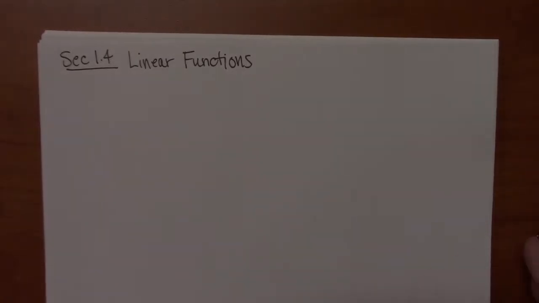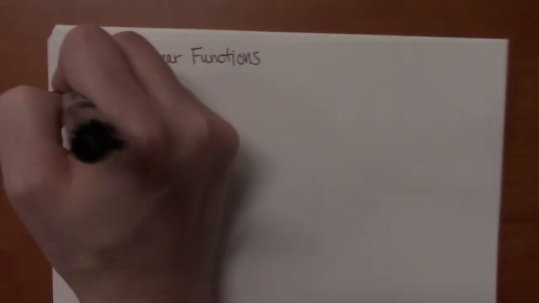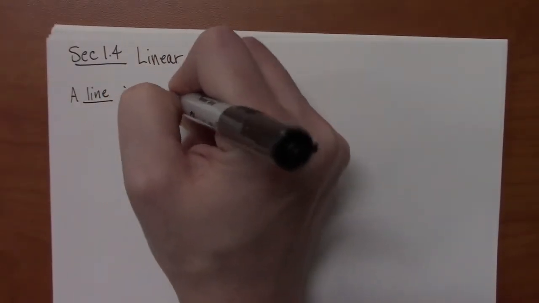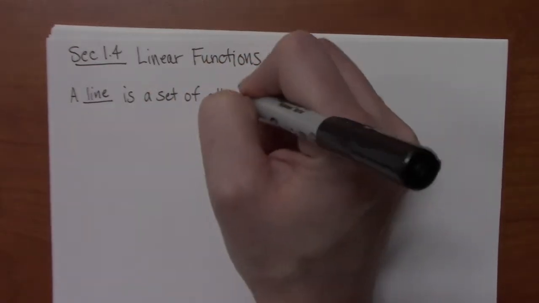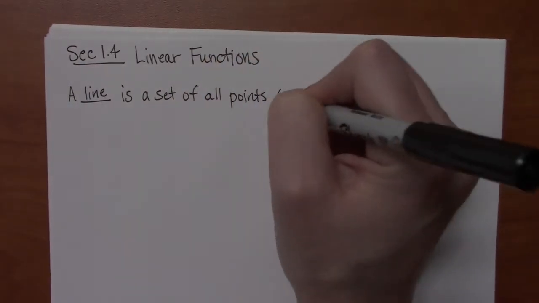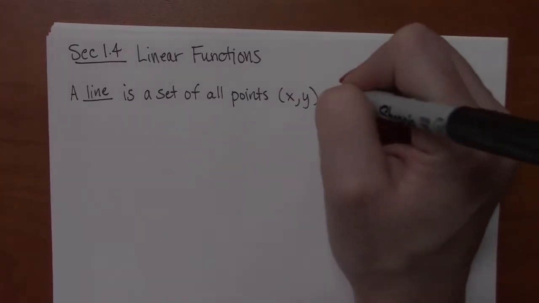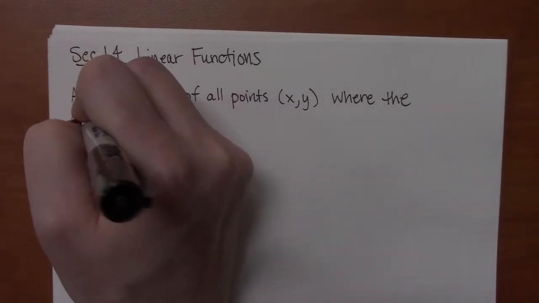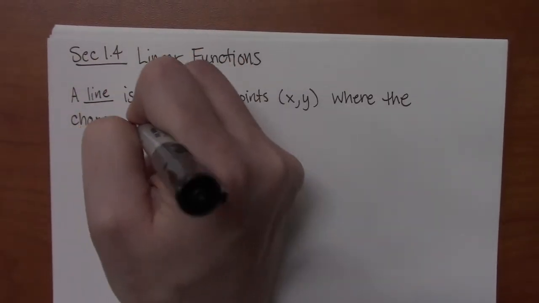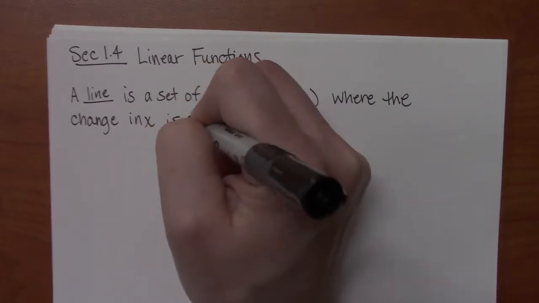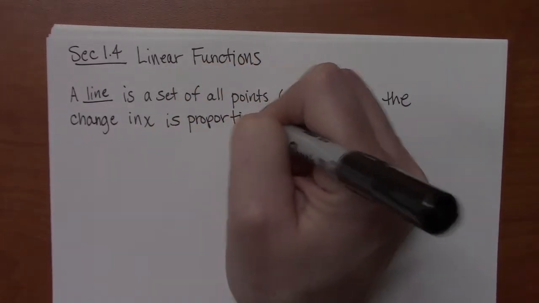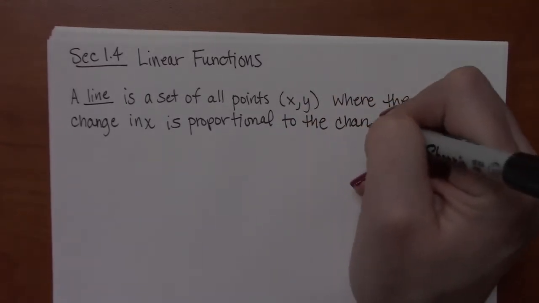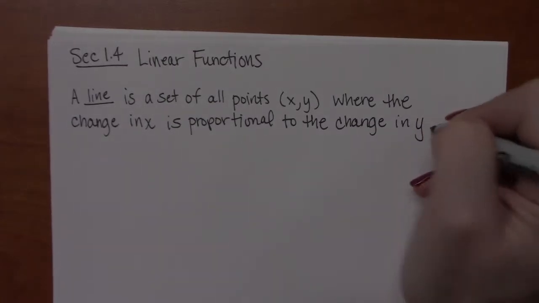So first of all, when we talk about lines, we say a line is a set of all points of the form (x, y) where the change in x is proportional to the change in y.